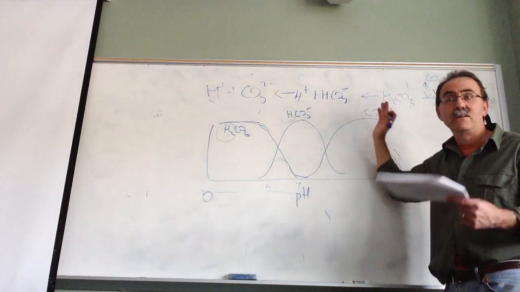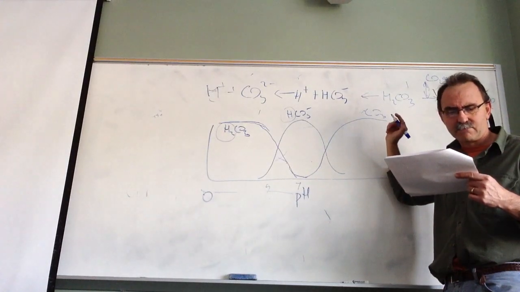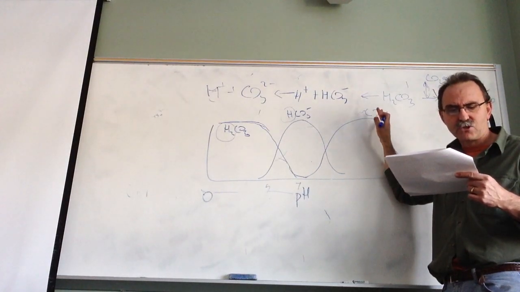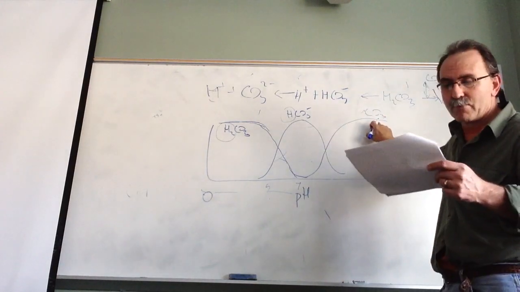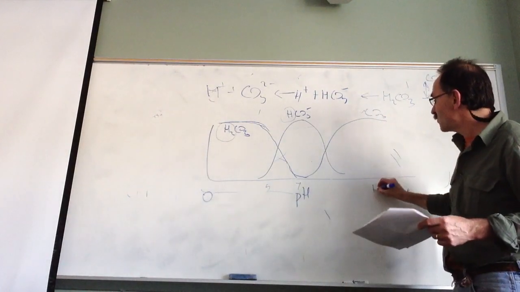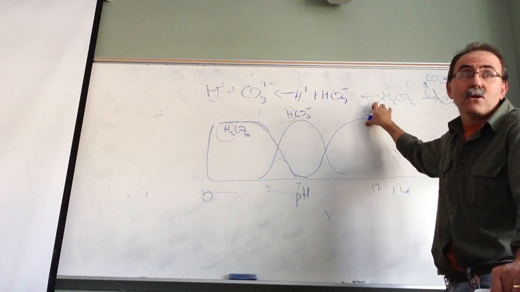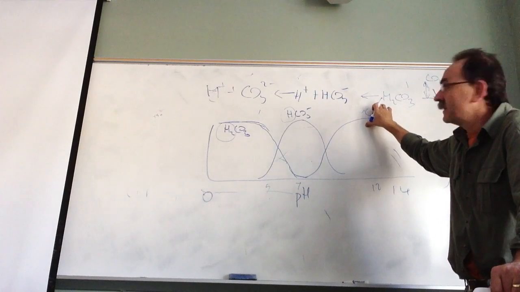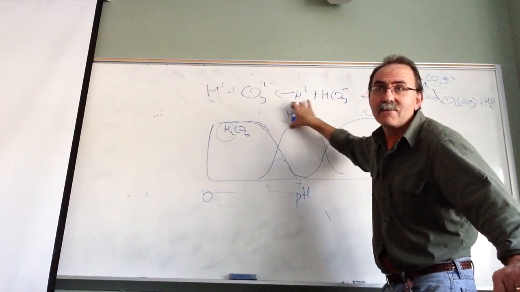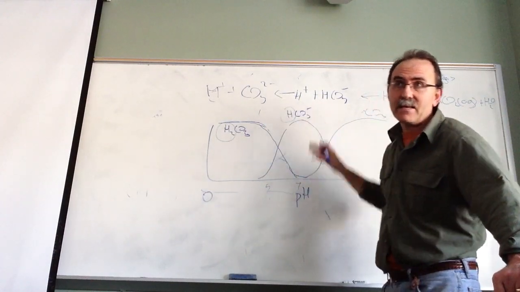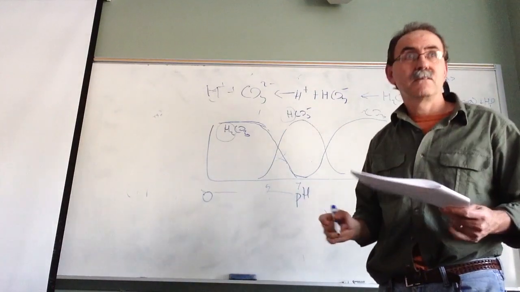There's no hydrogen, and I don't know what the charge is on that one, but the carbonate ion then begins to predominate. So at a pH of 12, any inorganic carbon is going to be carbonate. What we see in ambient, natural waters is this one over here. Does that make sense, guys?